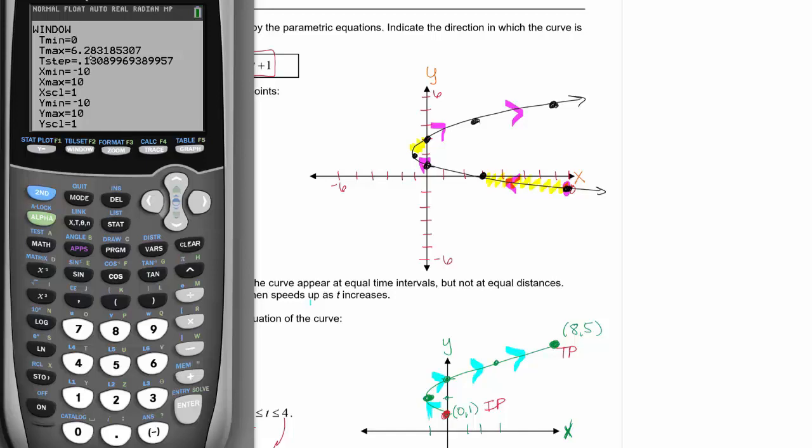So I want to make sure, for example, what if we looked at T like we did our chart? So our chart, when we first started this problem, the smallest T value that we calculated was negative 2, and the largest T value that we calculated was 4. Now, if you wanted to see your T-step as 1, you can, and that will make it look a little bit more similar to what we did.